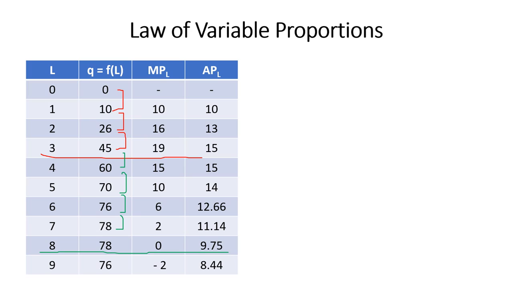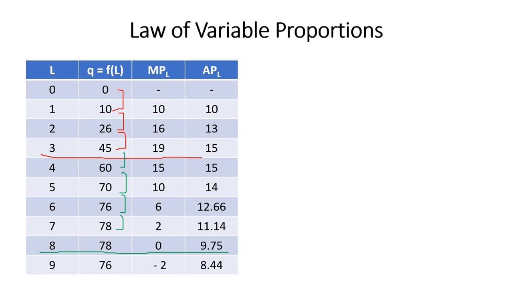This happens because now we are approaching the maximum utilization capacity of the plant. As we approach nearer and nearer to that, the net increase in output will be smaller and smaller. We can also see that this is reflected by falling marginal product of labor.